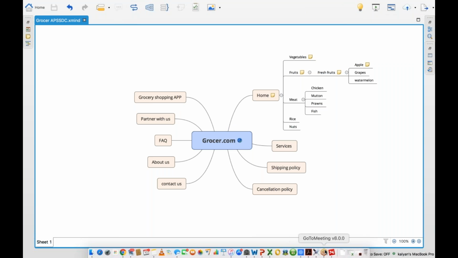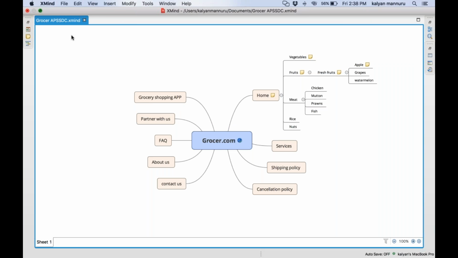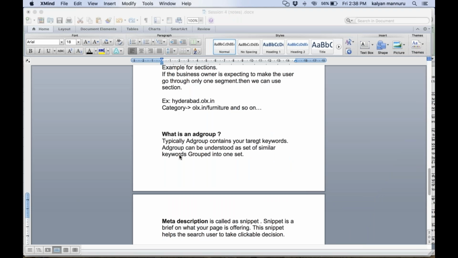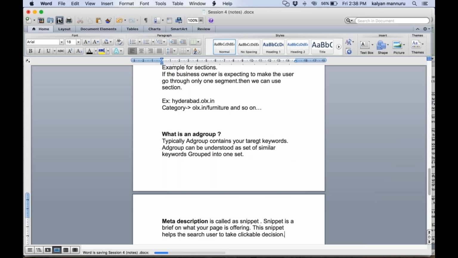already saved. So any more questions, please let me know quickly so that we can move on to the other topic. There is one small topic that has to be discussed, that is competitor analysis, and it is quite interesting also.